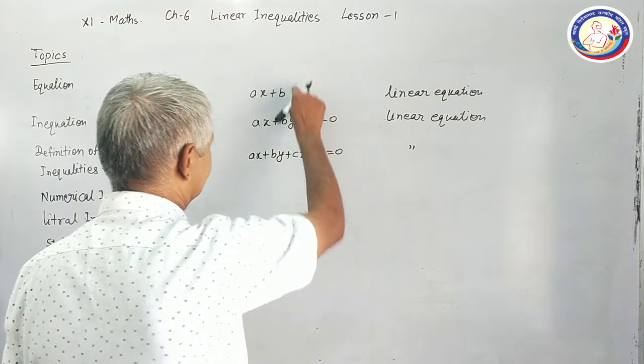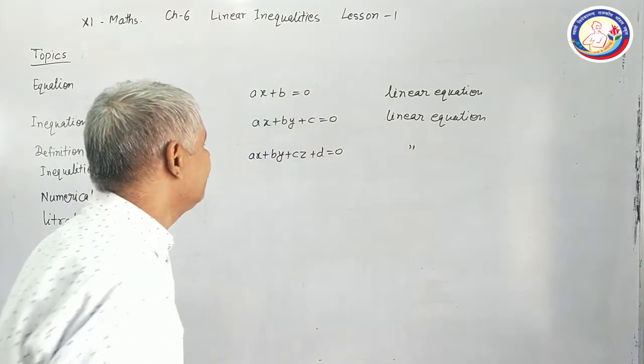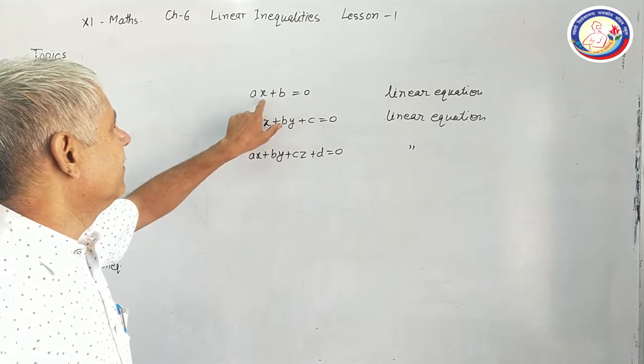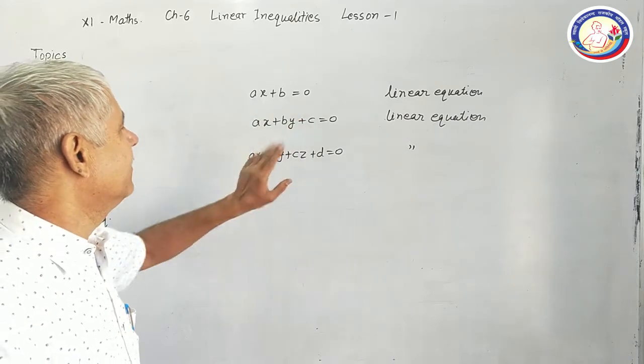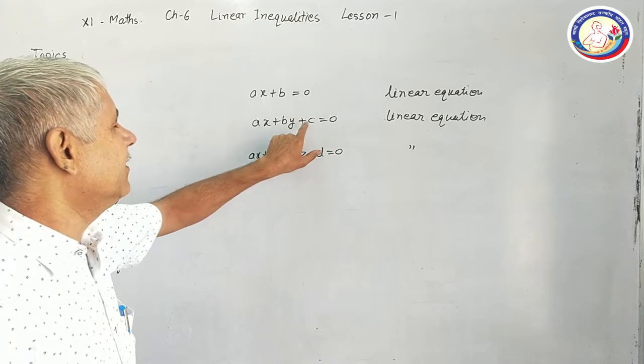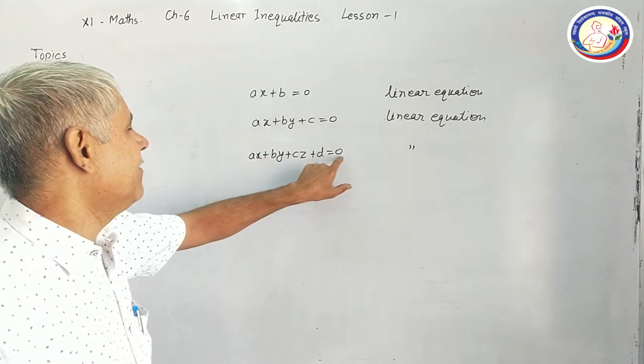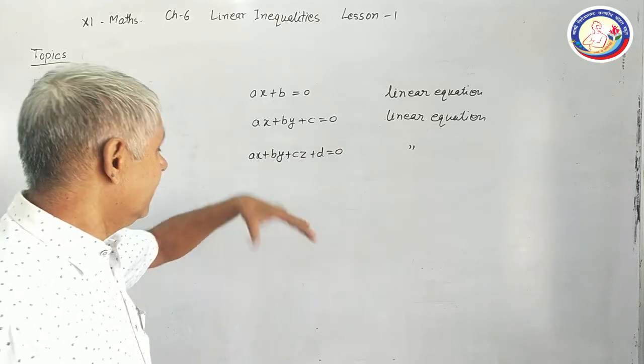We term them as linear because the graph of this will be a line. Again for this equation the graph will be a line. Again for this equation the graph will be in a plane.